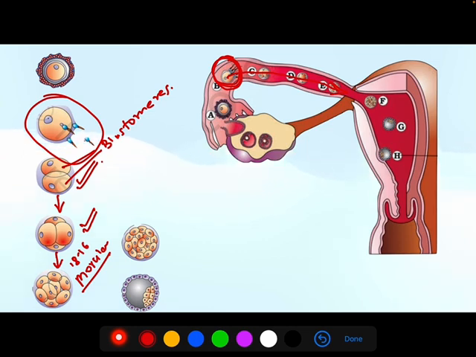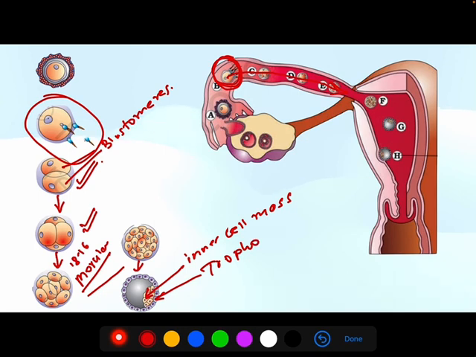After this stage, this morula then transforms into the blastocyst. The blastocyst has two layers. One is the inner cell mass, and second, outside, is the trophoblast. So we can see at this level, this is the blastocyst.